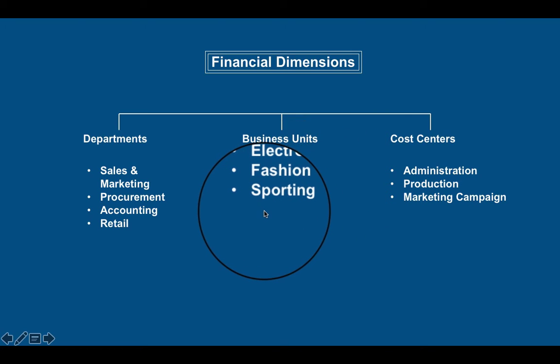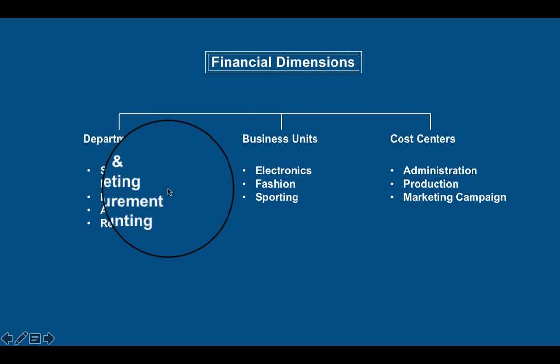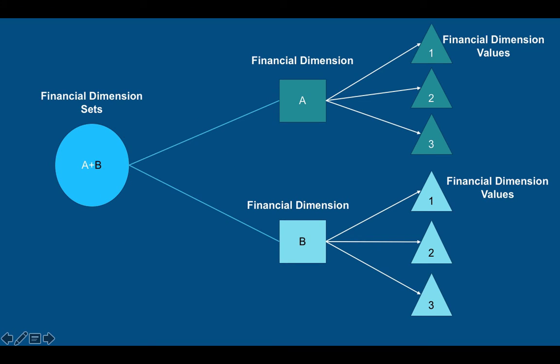Since financial dimensions are presented in financial reporting, it only follows that financial dimensions have to be taken into consideration when posting transactions such as sales, purchases, payments. In Microsoft Dynamics Finance and Operations, you can set up financial dimensions, add dimension values to each financial dimension, as well as set up financial dimension sets.